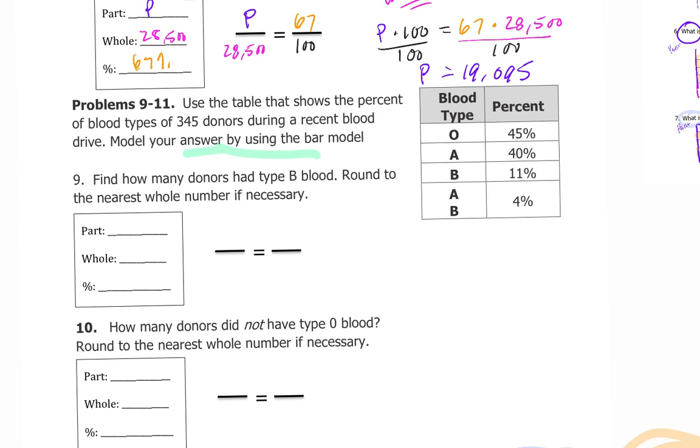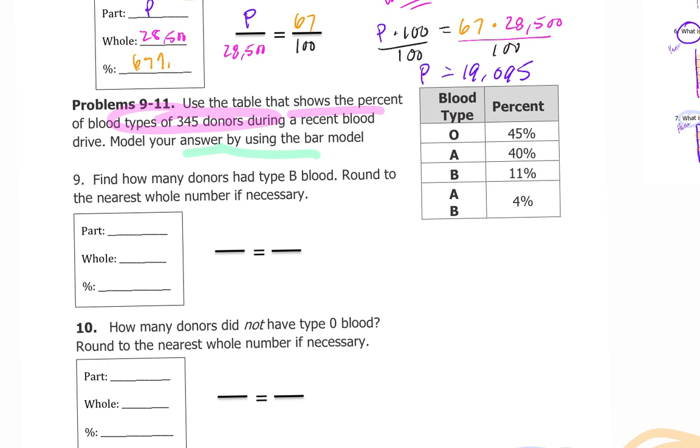So again, we're trying to find the part, right? They tell us over here that the whole is 345 donors, and the question shows what percent of 345 donors there were.